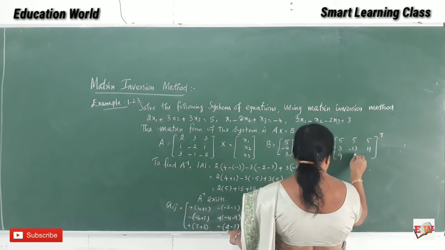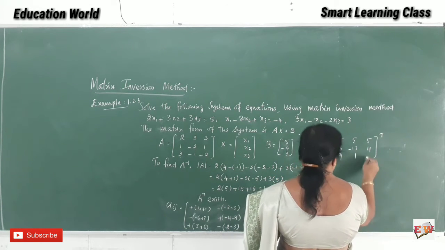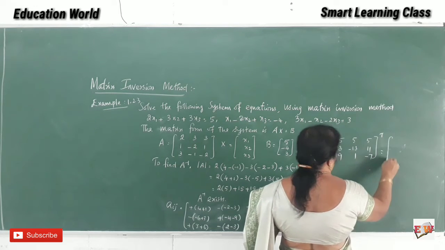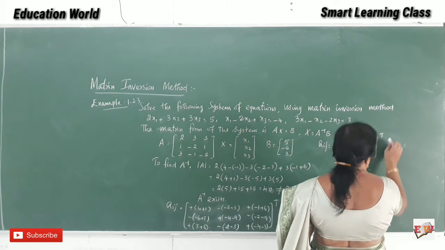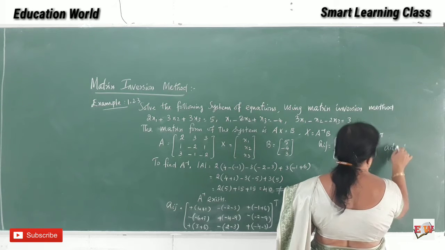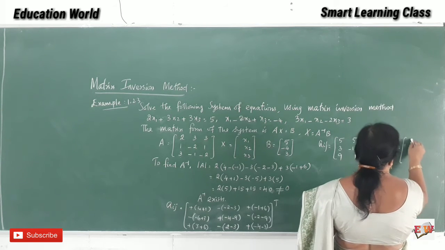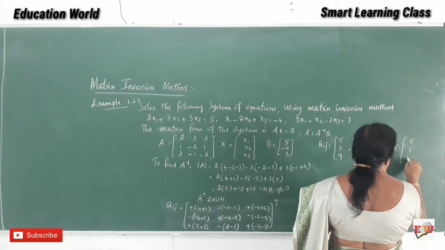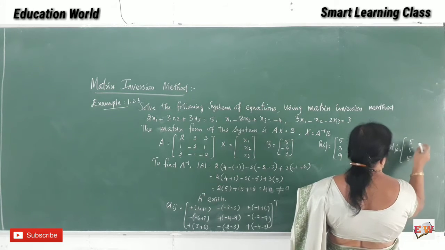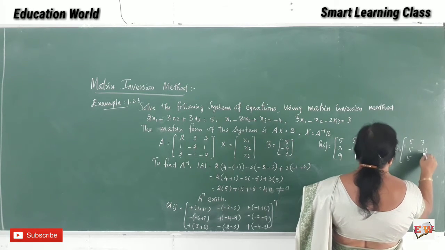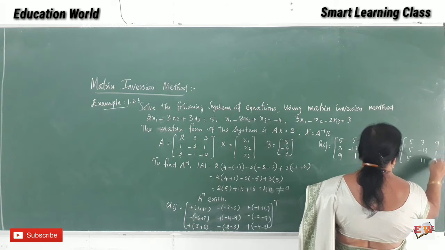Minus 1 into minus is plus 1, minus 7. If we are going to find the adjoint, we have to change the rows into columns and columns into rows: 3, minus 13, 11, 9, 1, minus 7.